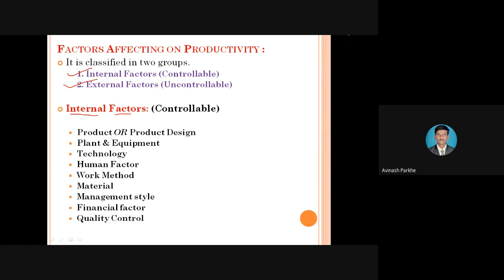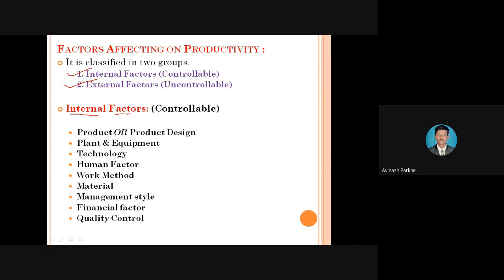In that, the first point is the product or the product design. Whatever internal controllable factors we are discussing now, the first is the product or product design. Product means the finished goods we get from the raw material. To convert that raw material, we have to use standard manufacturing processes, and by using those processes we convert the raw material into finished goods.